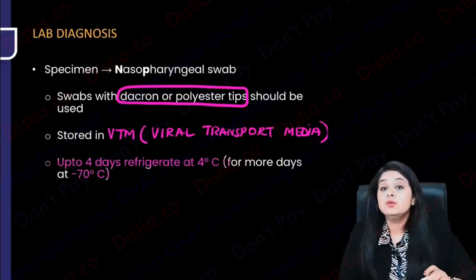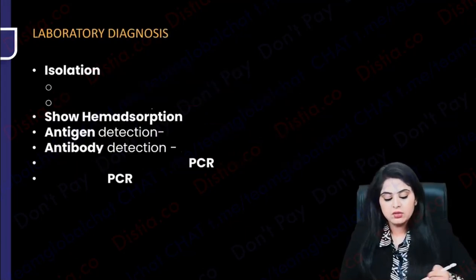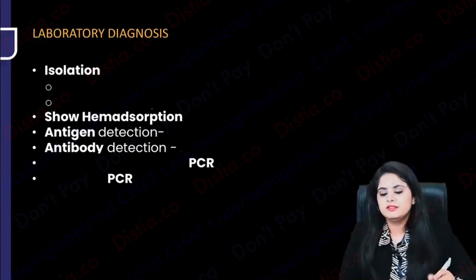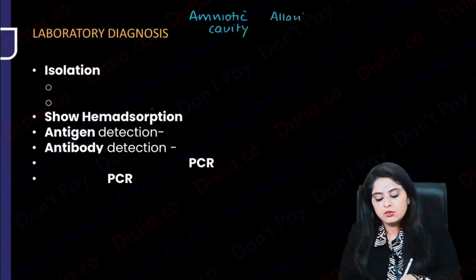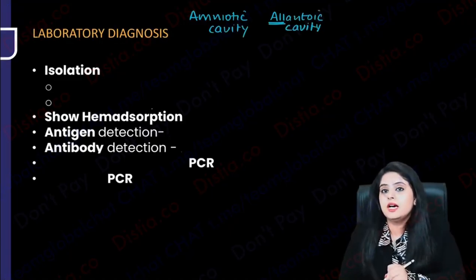Okay, so now what are you going to do with the samples? I think we all know we are going to do isolation. Come on, embryonated egg and influenza. I have taught you something. An embryonated egg had something called an amniotic cavity and an allantoic cavity, and in both of them we could have something to do with influenza. But I told you all the boys are very protective about their yari.